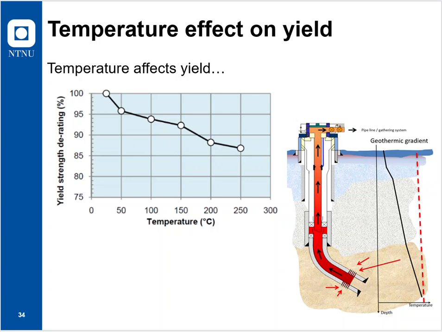I think I mentioned it before, but what you need to know is that the yield of steel is affected by temperature. The percentage of yield typically is reduced by around 5% from room temperature to 100 degrees.